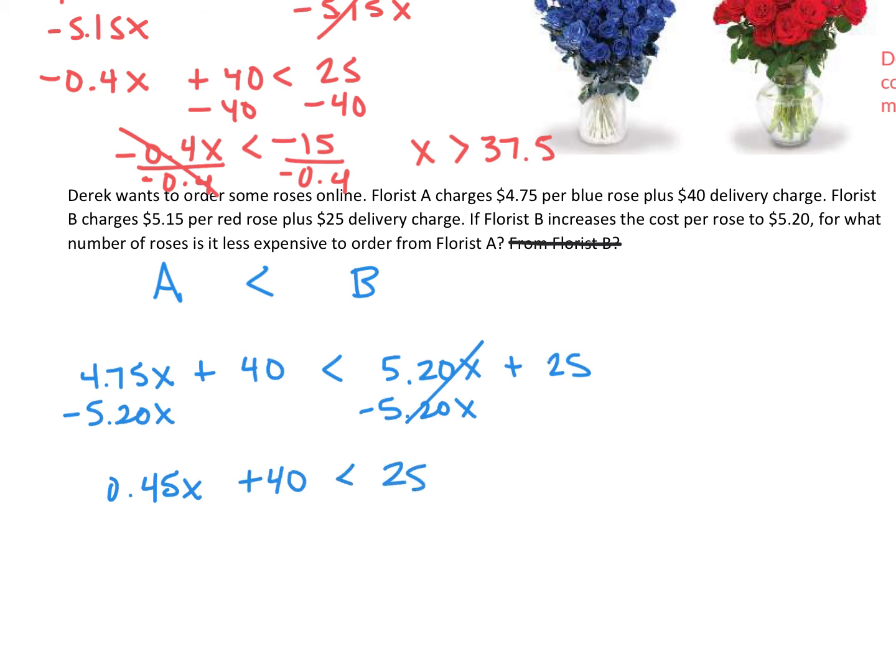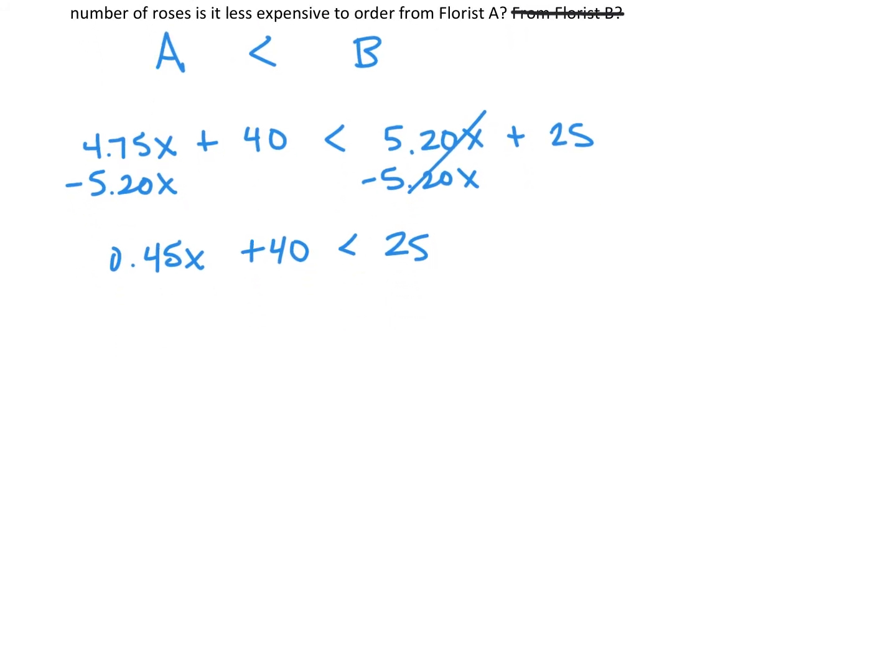Here's our two-step inequality. We will have this solved in 2 steps by subtracting 40 from both sides. Oh, that is a negative 0.45. Oh, I'm struggling in this lesson. Your 40s cancel, so negative 0.45x is less than negative 15.